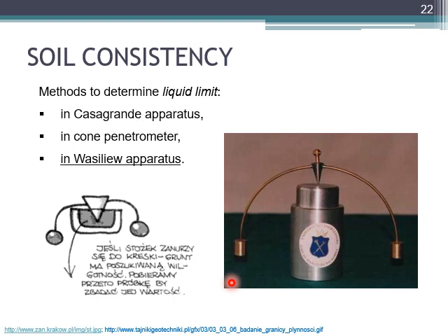And the liquid limit is the water content of the soil paste, for which this cone is entering the soil paste by 10 millimeters within 5 seconds.